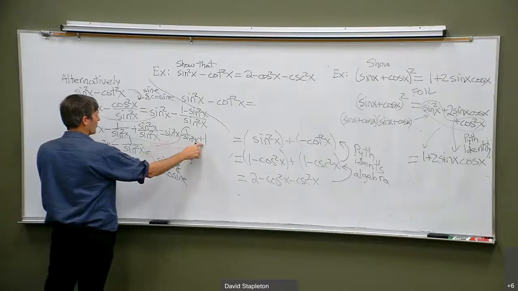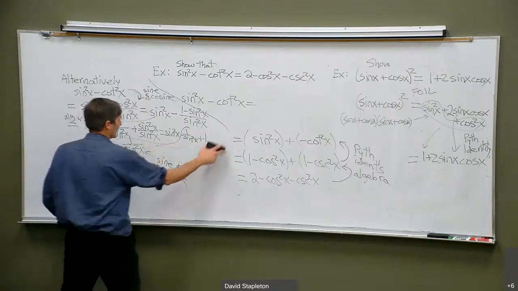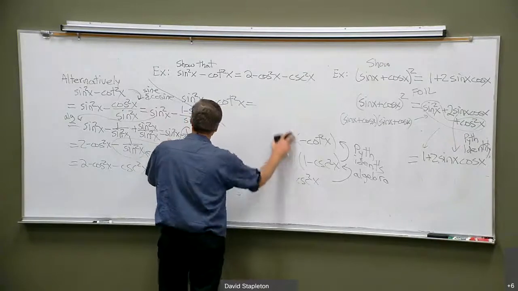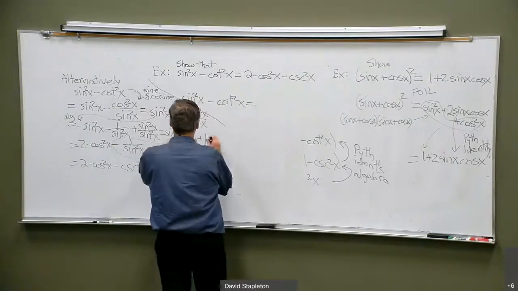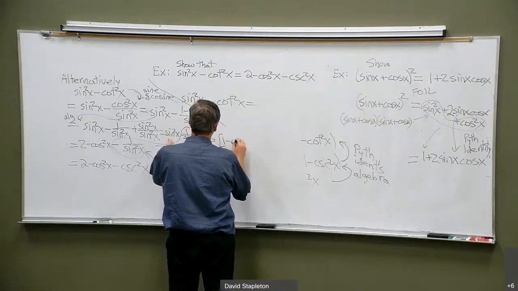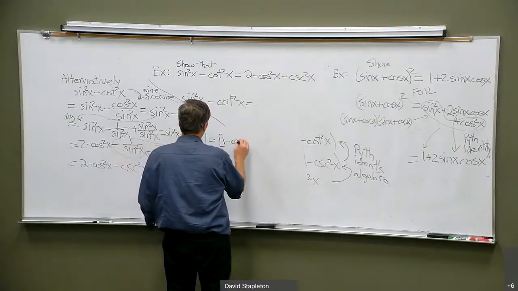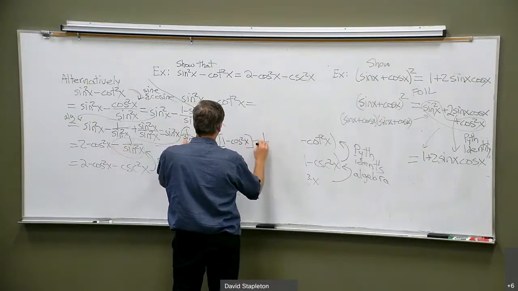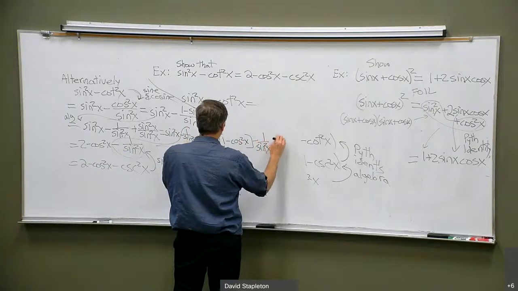Is that equal to sine squared plus 1? Sure it is. When I see a sine squared here, I can rewrite it as 1 minus cosine squared. So I can rewrite this as 1 minus cosine squared instead of sine squared. Now I've got the cosine squared that I want there. And then minus 1 over sine squared plus 1.